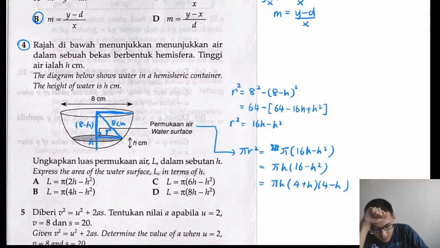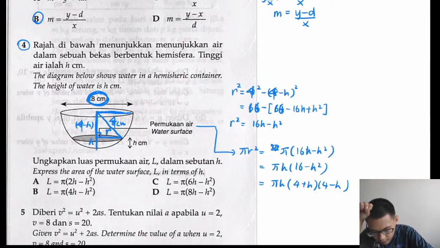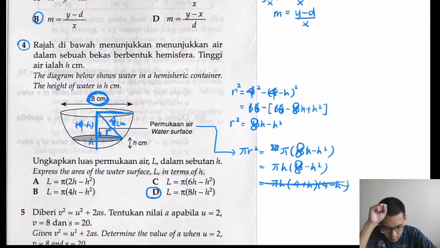But here I didn't have the answers. Oh, sorry, buddy. H cm is the diameter, so I need to take the 4. So I need to change 4. 16. This one is 8 already. That means 8 already, so no need. Answer is this. Wow.